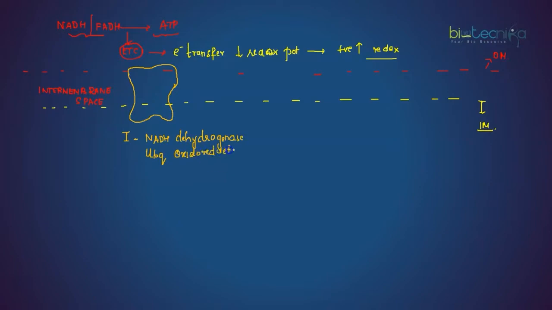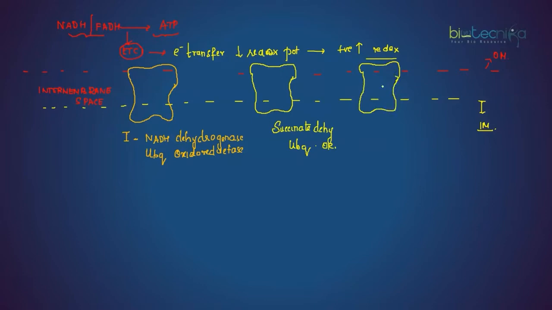And the second complex is called succinate dehydrogenase. So the second complex is going to be succinate dehydrogenase, ubiquinone oxidoreductase. And the third complex, the question is about the third complex, which means antimycin.